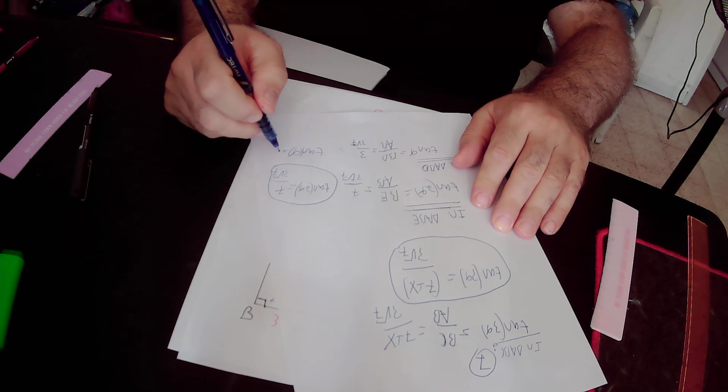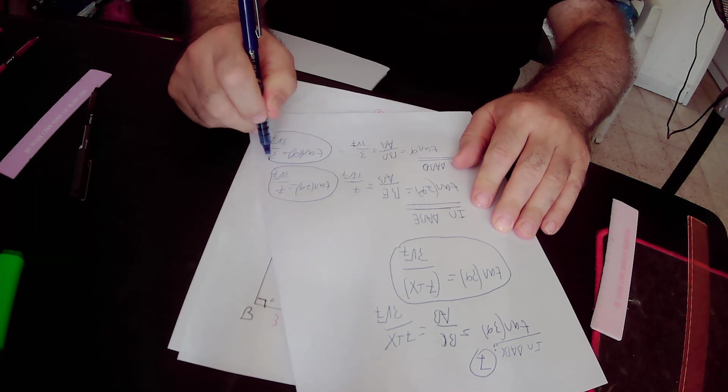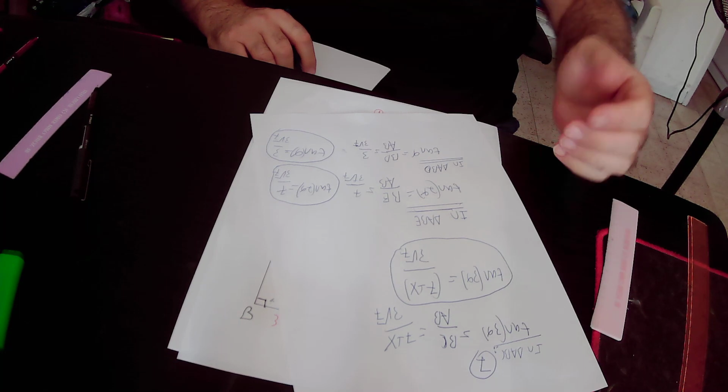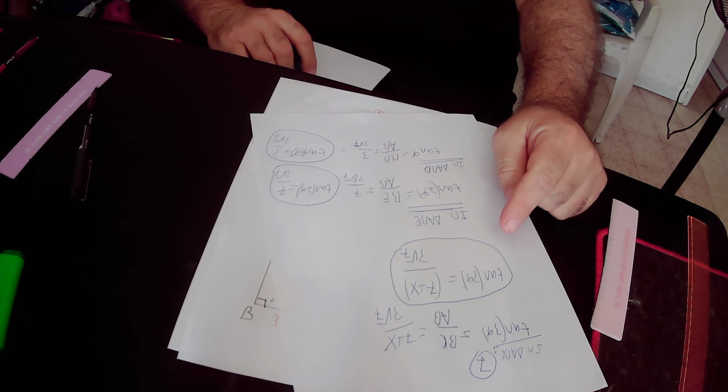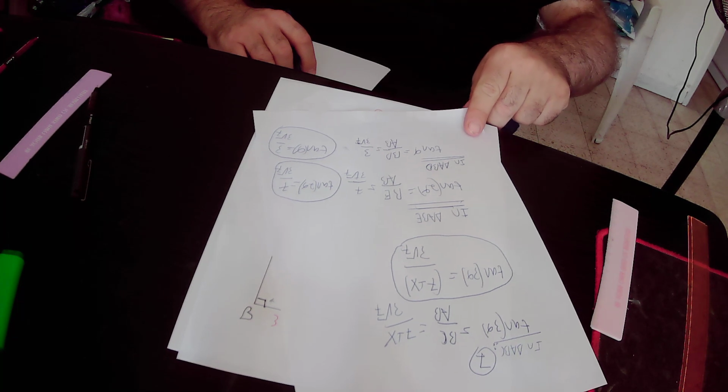So we actually found out the values of tangent 3 alpha, tangent 2 alpha, and tangent alpha. Okay?